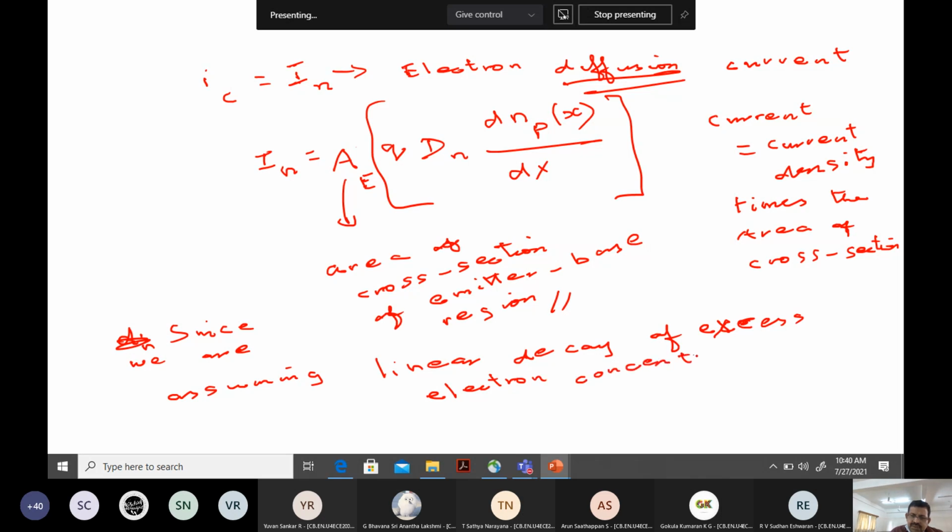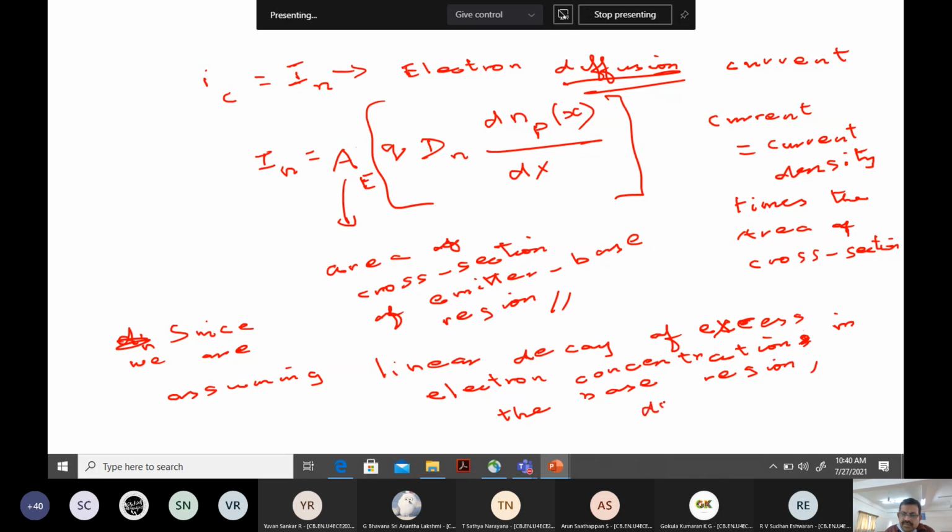The decay is because of recombination, which means the electrons are getting lost. The electrons go and occupy the vacant states in the valence band in the base region. Therefore, the charge carriers are getting lost. The base is very thin. Ideally there will be some concave shape, but as a first approximation linear decay is okay.